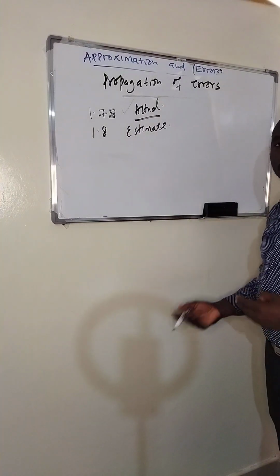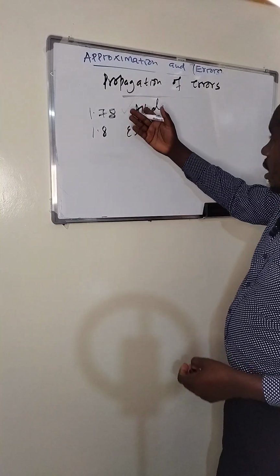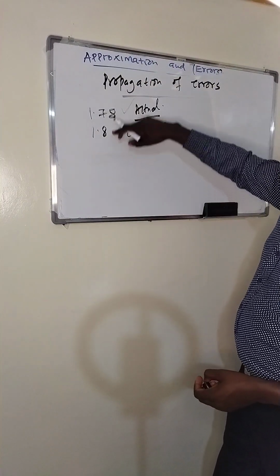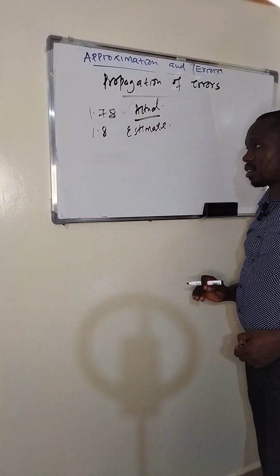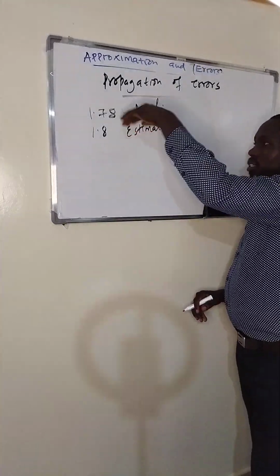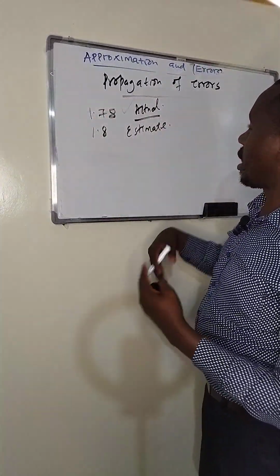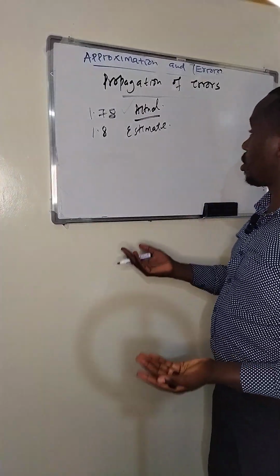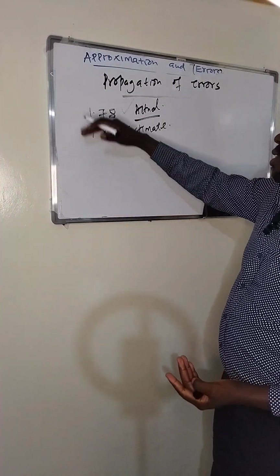So if you want to get the percentage error, one, you must get the error, the difference between the actual and the estimate. So this is 1.8 minus 1.78. Remember, we said error cannot be negative, so you can always pick the bigger value minus the smaller value.